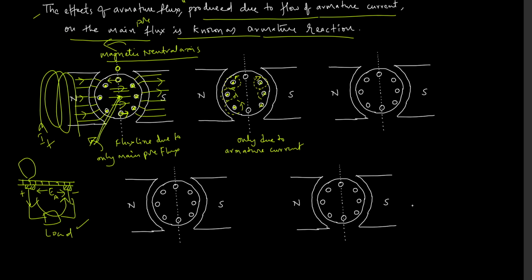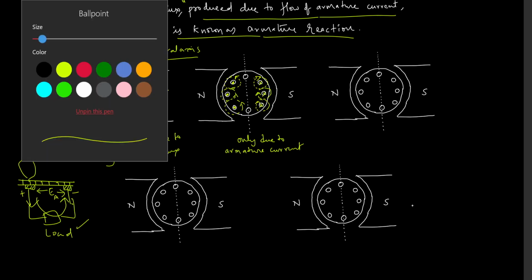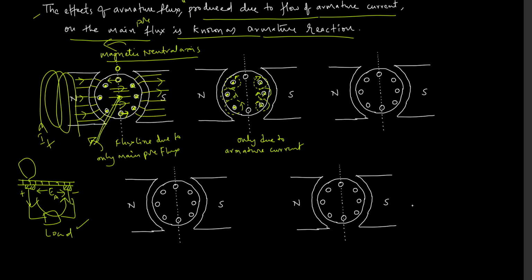If I try to draw the overall flux lines, they will be directed into the pole and out of the pole like this, and on this side the flux lines due to armature currents will be like this.